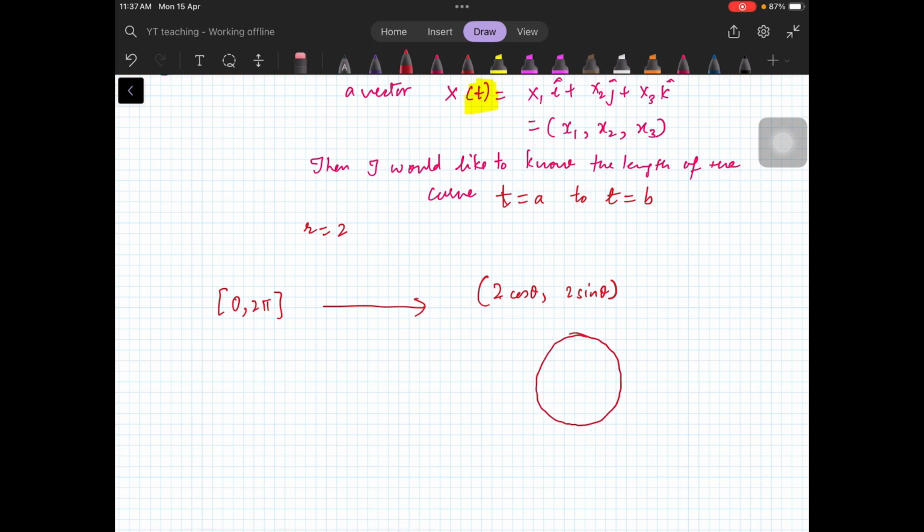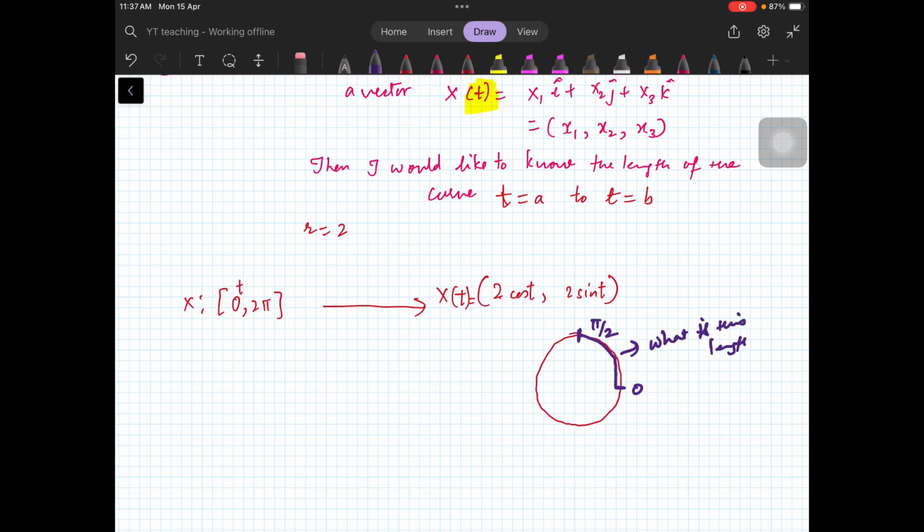Okay, so I can write it as t so that we are consistent. Suppose this t is our time or anything, right? So this is my t and x is a function. So this is my x vector, I should write it as x of t vector, right? And suppose I want to know the length from 0 to pi by 2. So I want to know what is this length.